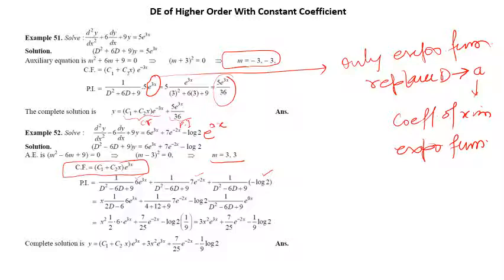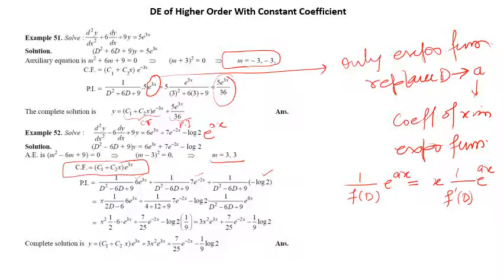The denominator is 0. If the denominator is 0, then what do we have to do? If 1 upon f(D) e to the power ax has f(a) equal to 0, then the PI is x into 1 upon f dash(D) e to the power ax.